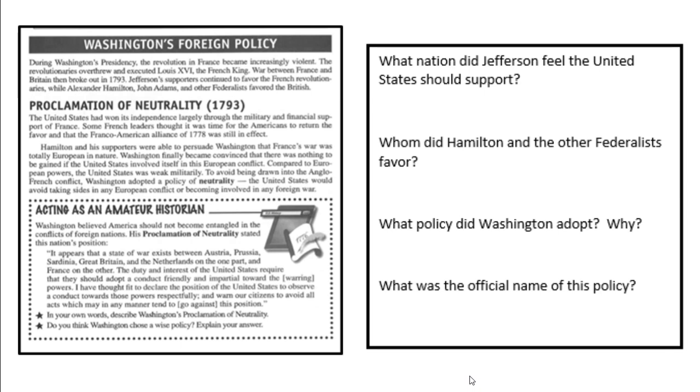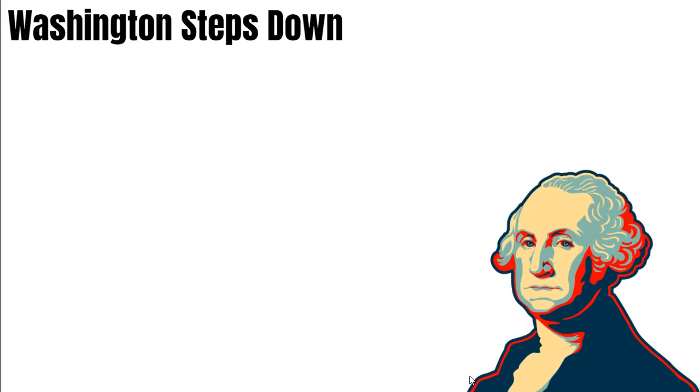I thought it fit to declare the position of the United States to observe a conduct towards those powers respectfully, and warn our citizens to avoid all acts which may in any manner tend to go against this position. What he's calling for is a proclamation of neutrality, and this is his position on foreign policy, which is going to set a precedent for all other presidents to follow.